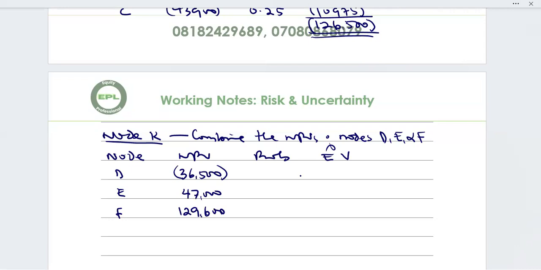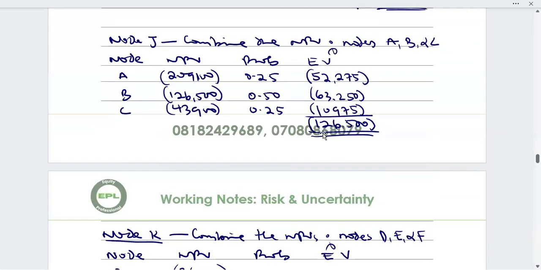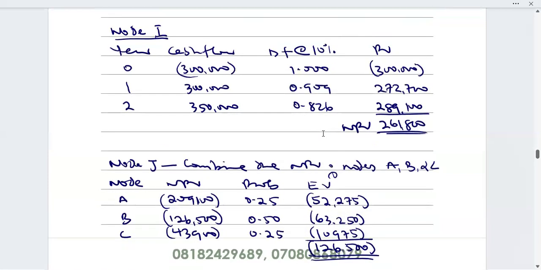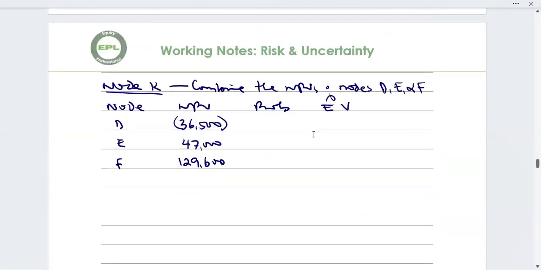So the probabilities are 0.25, 0.5, 0.25. So we get the expected value.